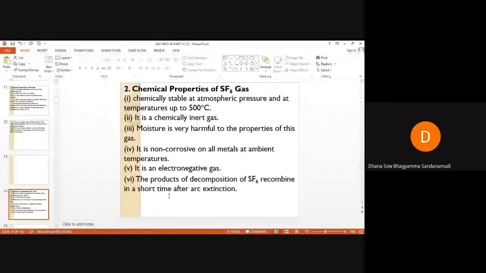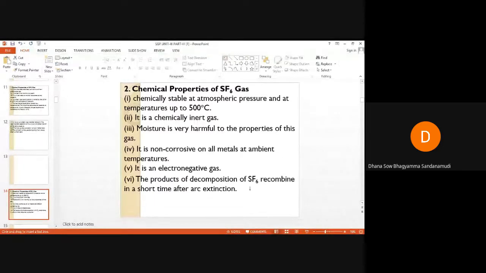Therefore, because of this electronegativity property, the arc time constant of SF6 gas is very low, that is, less than 1 microsecond.